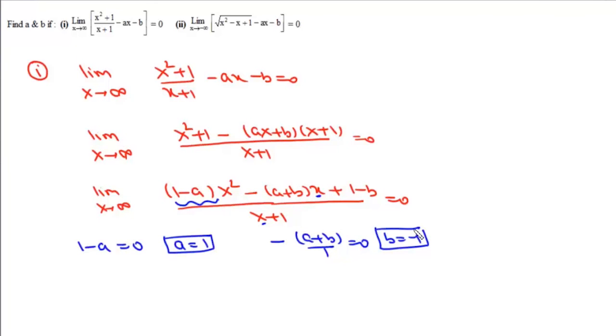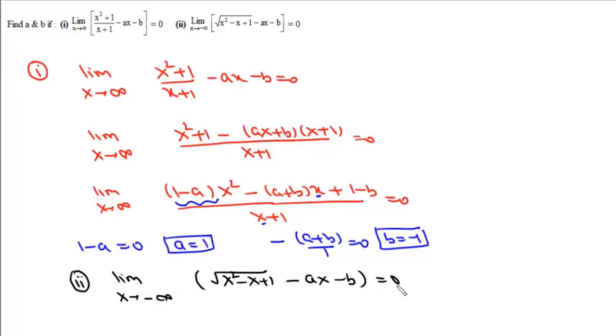Now we look at the second limit. The second limit is limit x tends to minus infinite under root of x square minus x plus 1 minus ax minus b, and it must be equal to 0. Now first we'll check its form.